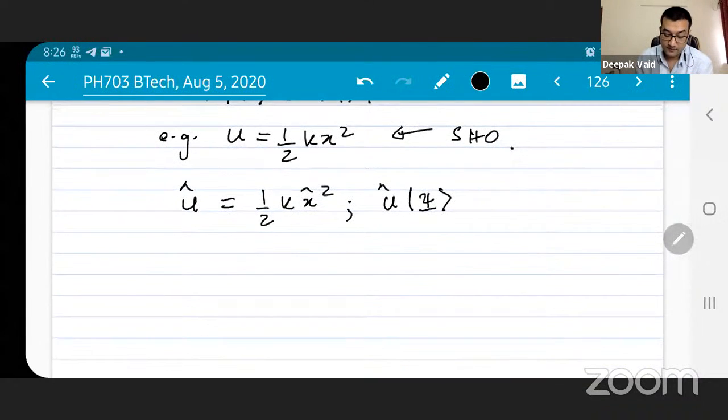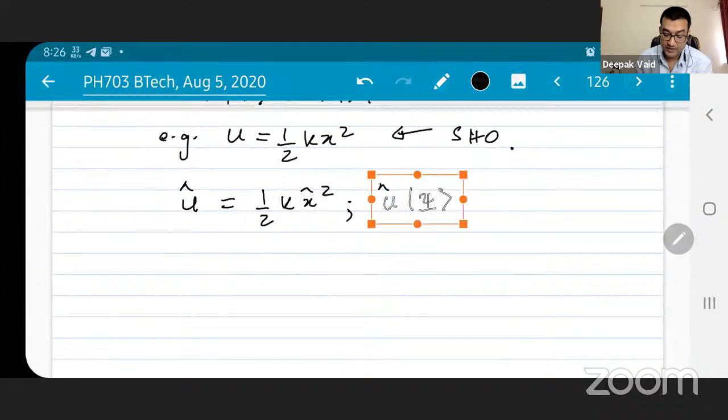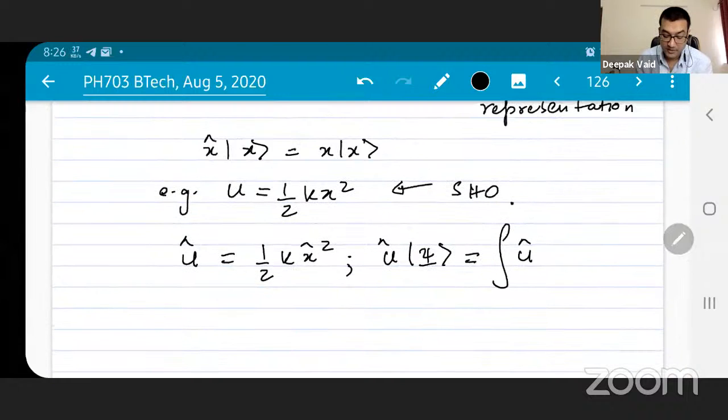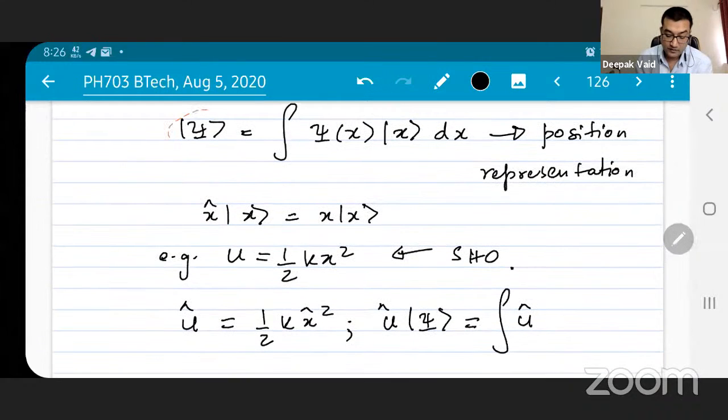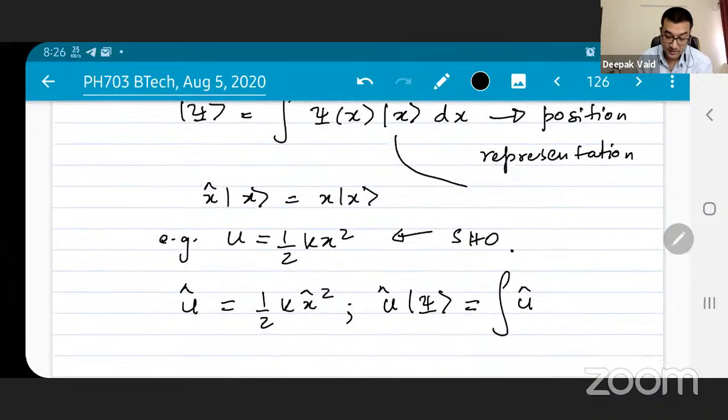And the potential energy part is this operator acting on the state psi. This can be written using the expansion of the state psi in the position representation. I insert this expansion over here and I get this operator U acting on the integral of psi of x, x dx.